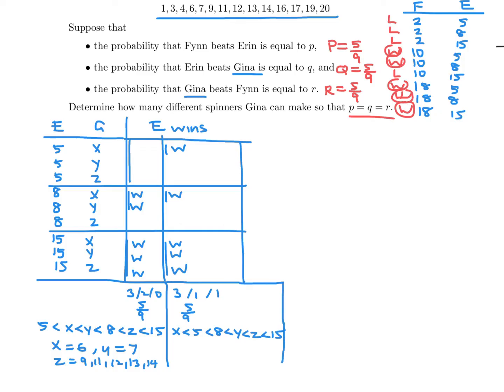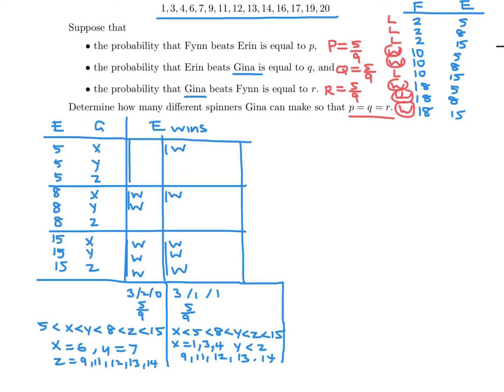And now let's figure out what the values would be. X could be 1, 3, or 4. Y is less than Z, and Y and Z can be chosen from either 9, 11, 12, 13, or 14.